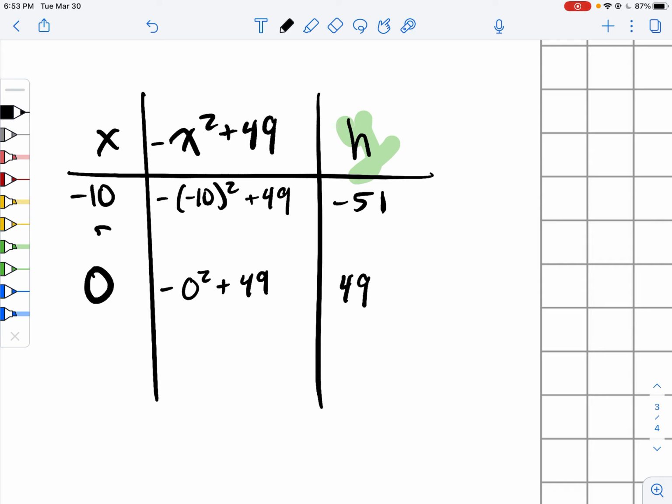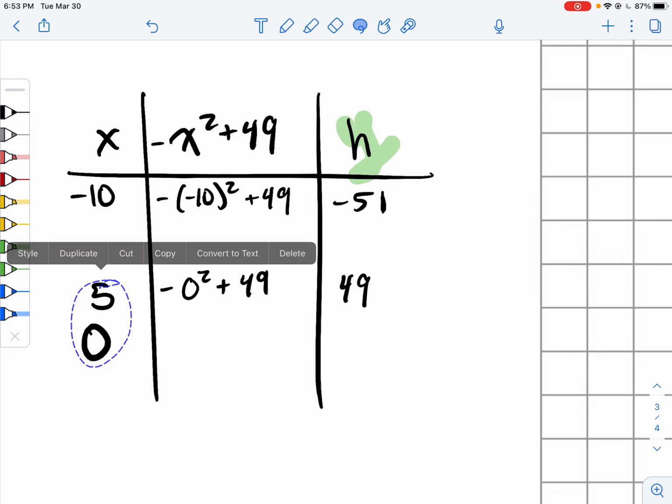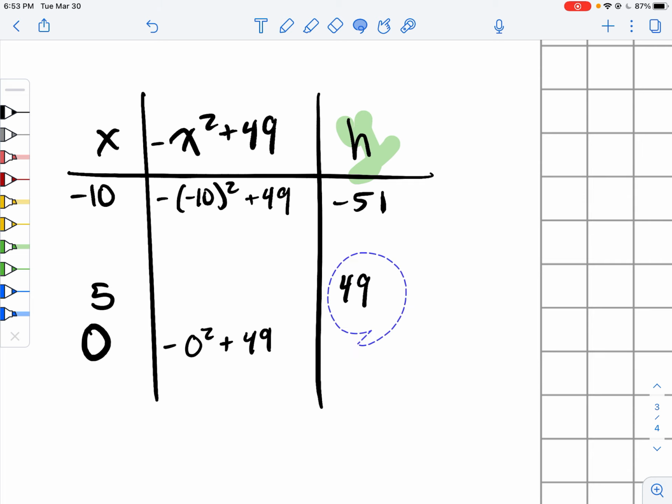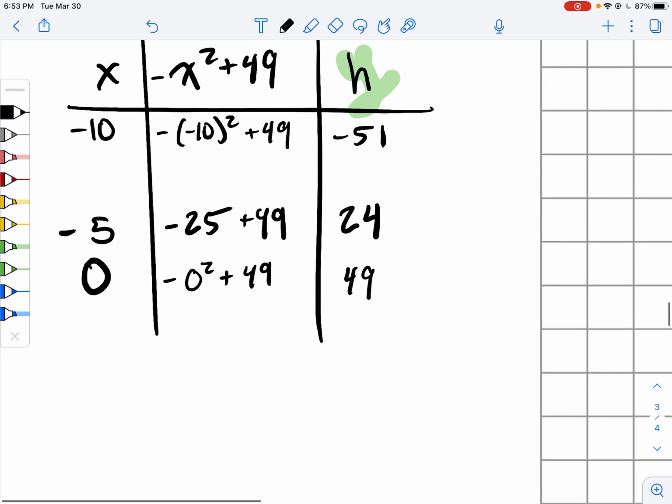What about 5? What will 5 do? That'll give us -25 plus 49, which will give us 24. And it doesn't even matter that it was negative; it's going to be the same.